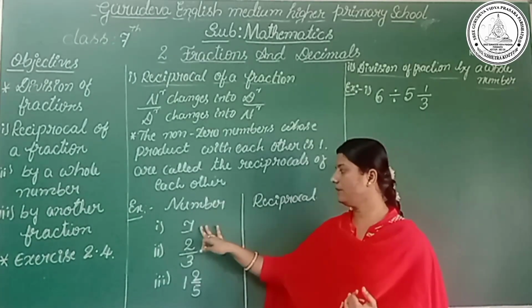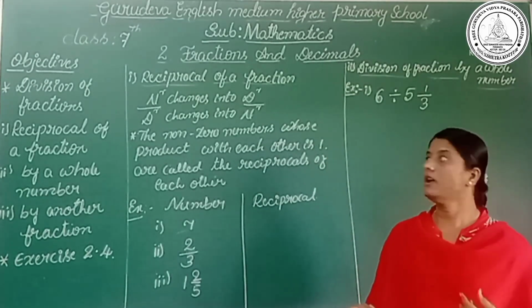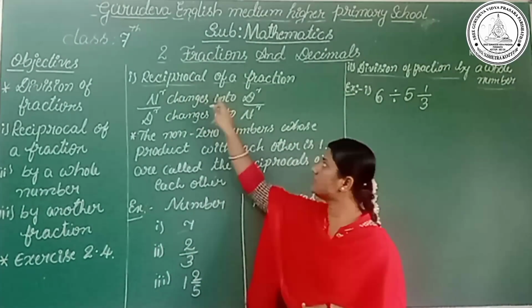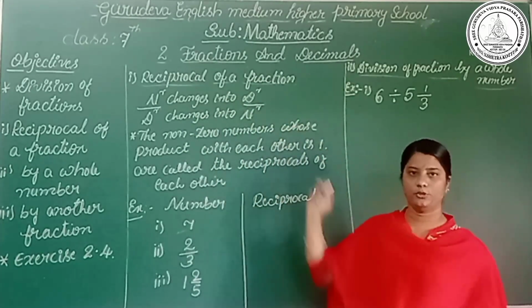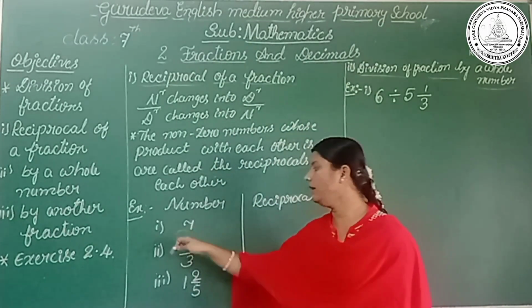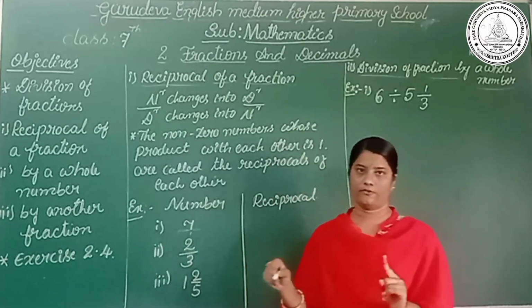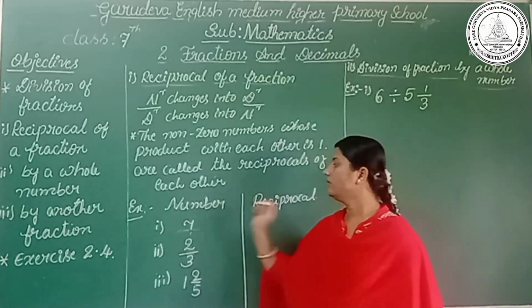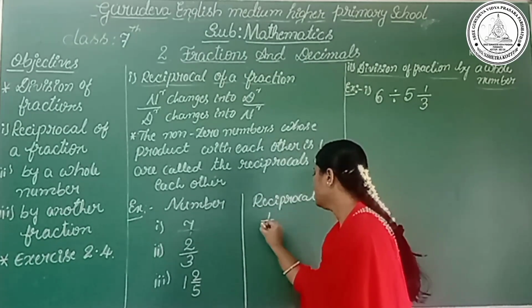So here there is a number 7. What is the reciprocal of this 7? I said here numerator changes into denominator and the denominator changes into numerator. Here it is a whole number, it is the numerator, and the denominator there is always 1. Okay, then the reciprocal of the number 7 is 1 by 7.